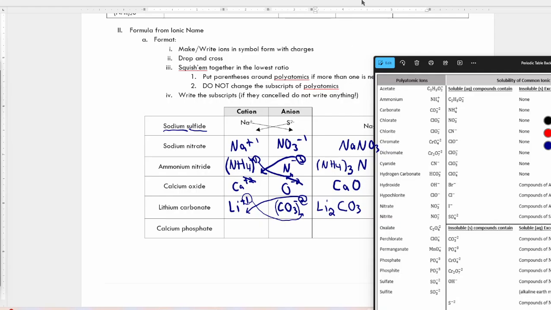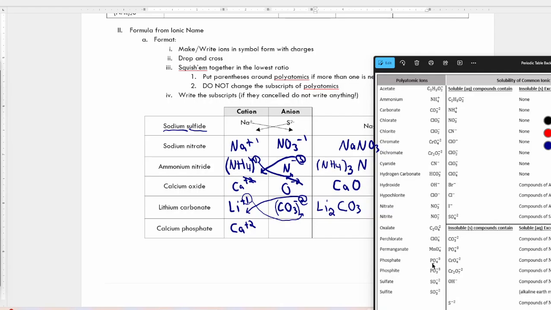Okay, last one, calcium phosphate. We've already done calcium multiple times, so I'm not going to look it up for us again. Calcium is +2, and it doesn't change. Phosphate, though, that's definitely a polyatomic ion. It doesn't say IDE, so it's an ATE. So it's in alphabetical order. Here it is.